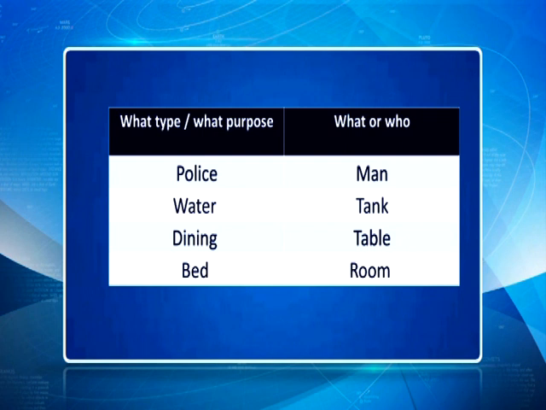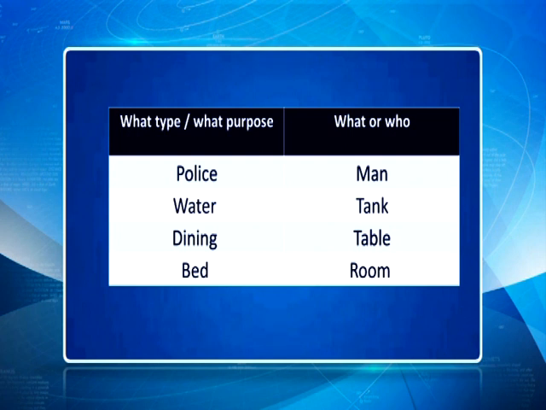So remember that the first noun describes the second noun. So when you say policeman, the police is the purpose or the type of man, and the second one is the person or the thing itself that we are talking about. Water tank, the same. It is a tank, but what kind of tank is it?